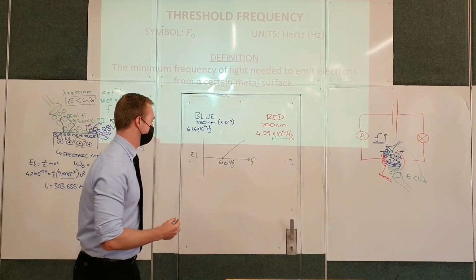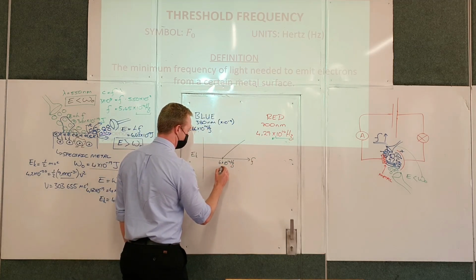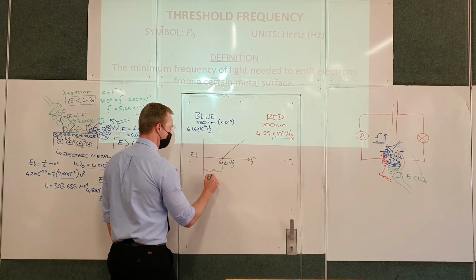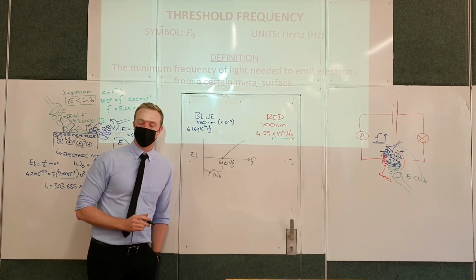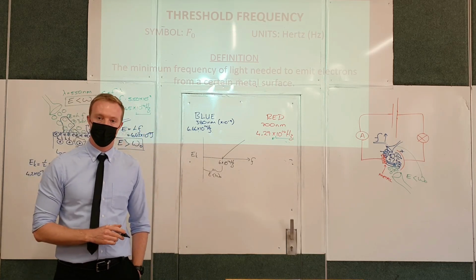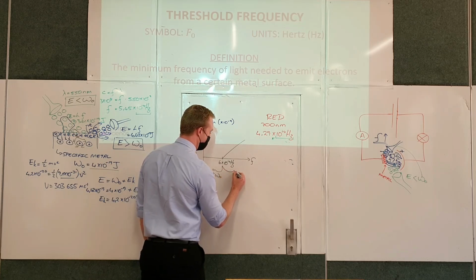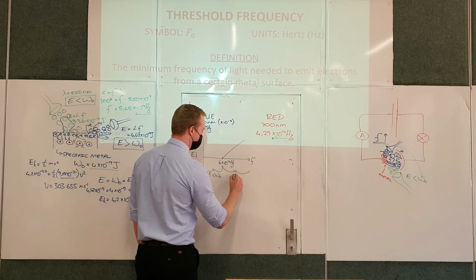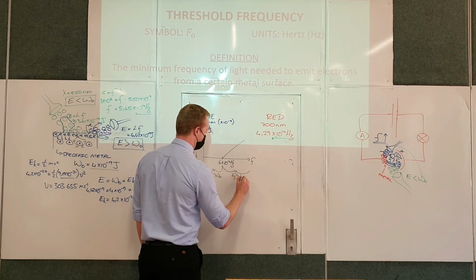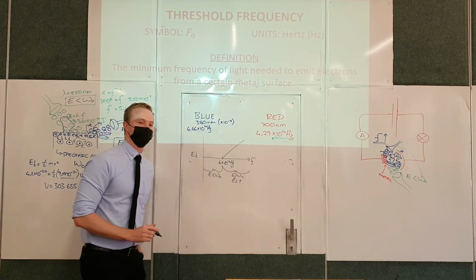So what this tells us is that anything less than 10 to the 14 hertz, this part over here, means that our photon energy is less than the work function. And then as you can see, once we pass this point, as you increase the frequency, the kinetic energy just continues to increase. So we say E is now greater than the work function, and therefore our EK continues to increase.